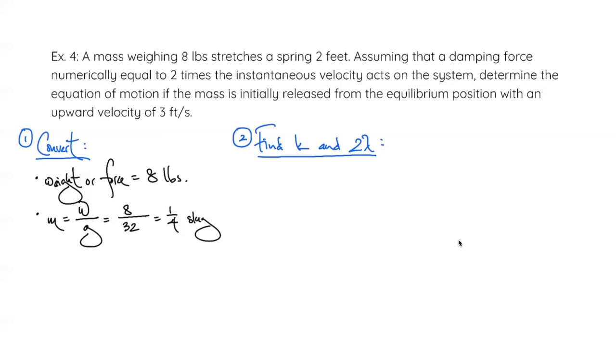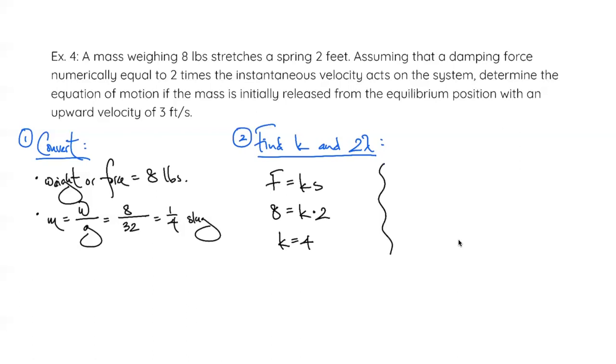To find that spring constant, we can say F equals ks. What do we plug in? We know the weight is 8 pounds, and that stretches the spring 2 feet. With a little algebraic manipulation, we can see that our spring constant is going to be 4.